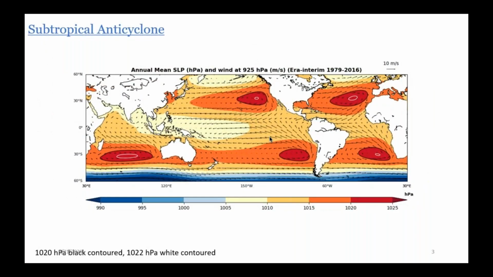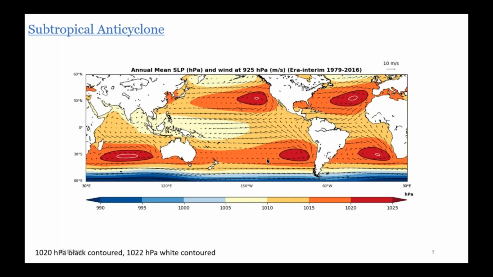Now, this is sea level pressure from an ERA-Interim composite from 1979 to 2016, annual mean. The color shading here is sea level pressure, and the vectors are the wind vectors of the 925 hectopascal wind. We can definitely see the Hadley pressure belts, as we have talked about. There is higher pressure over 30° north and south in the subtropical region.